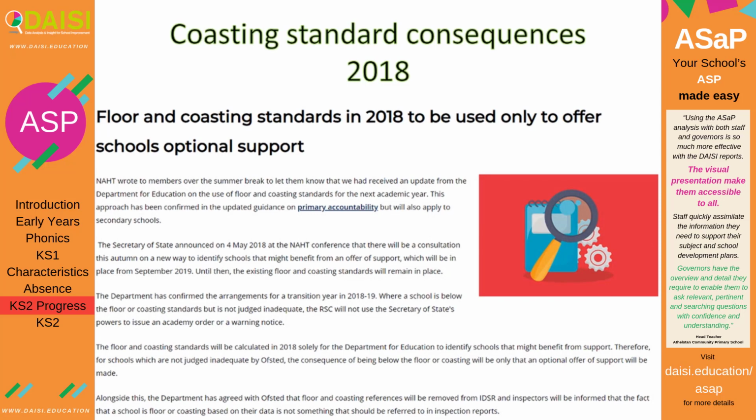This will be exclusively something to do with the Regional Schools Commissioner. It's no longer on the front page of the IDSR, for instance. It is no longer going to be used to issue an automatic academy order. Only an inadequate Ofsted judgment will do that.